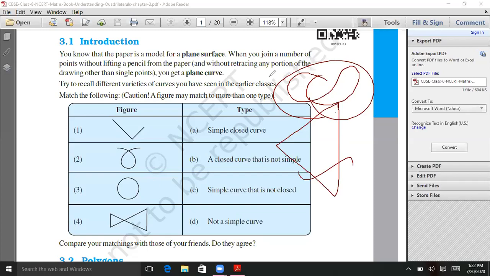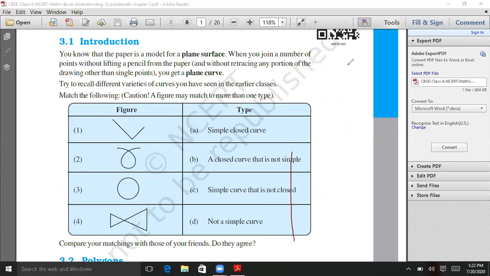The third one, because there is a turn like this, it's not simple. The fourth one is simple closed. The last one is closed but not simple, so it will be B, a closed curve that is not simple, right? That you have done earlier also.